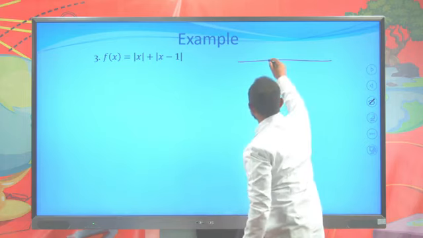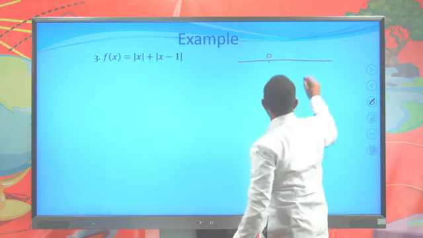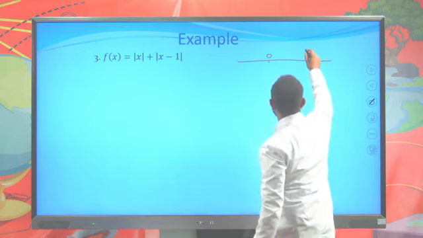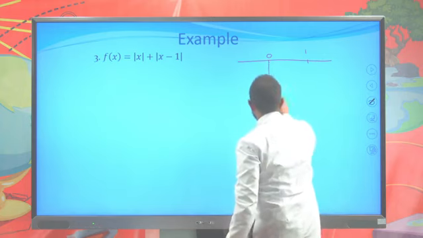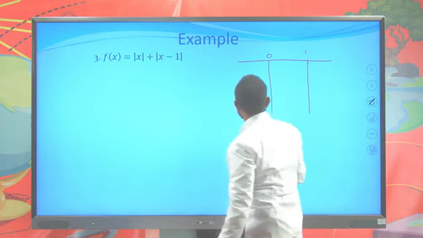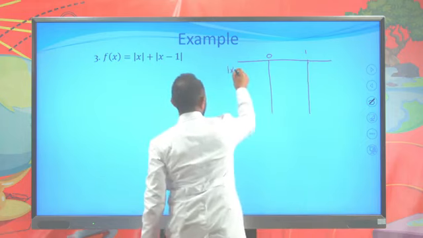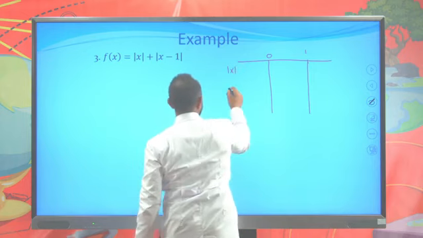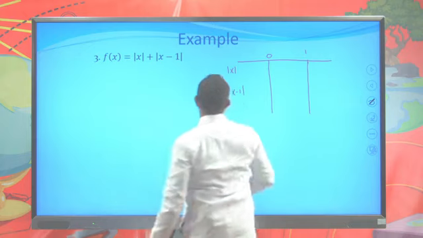The boundary numbers are x equals 0 and x equals 1. Here we have absolute value of x, and the other one is absolute value of x minus 1.